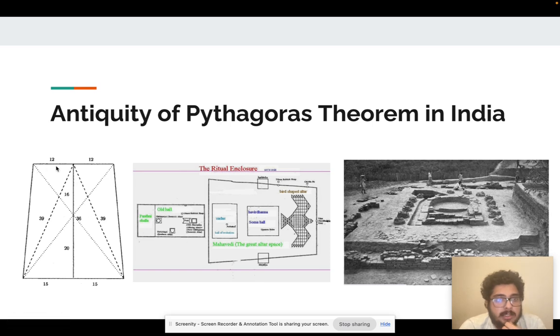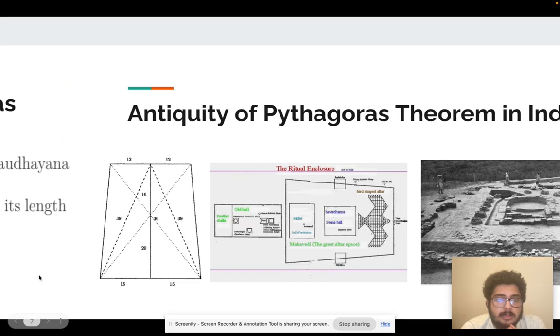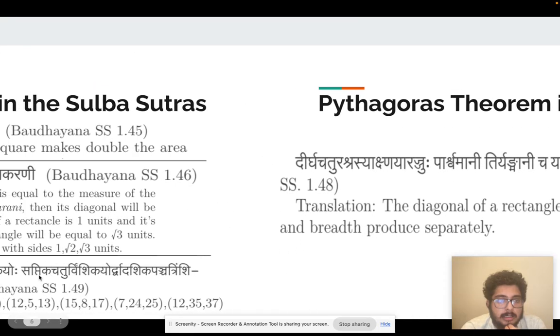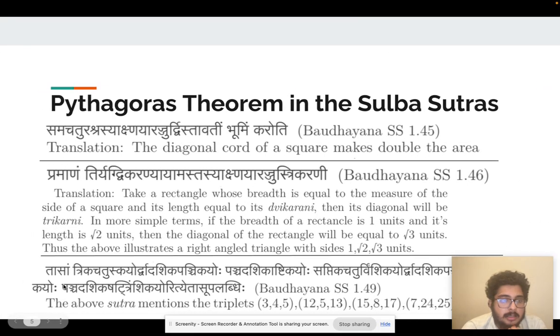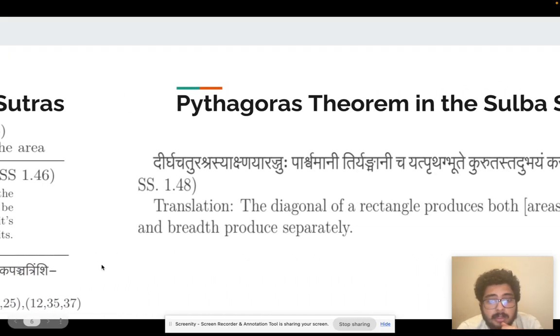Else it is not possible to construct it. So this triplet, that is 15, 36, 39, was known in the 4000 BC era. 39 squared is equal to 36 squared plus 15 squared. This is also mentioned here, which I skipped. So this part deals with the Pythagorean triplet 15, 36, and 39.